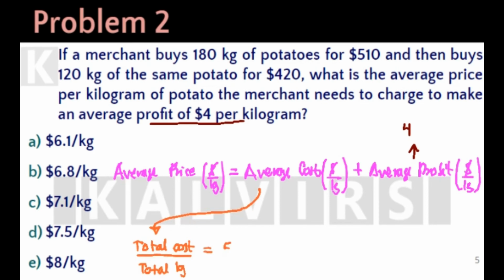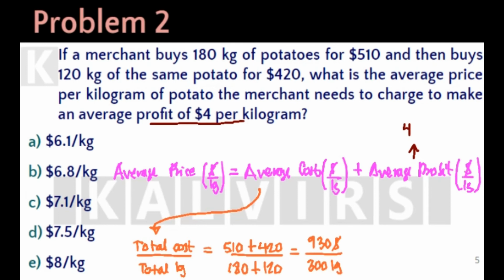And the average cost is equal to $510 plus 420 over 180 kilograms plus 120 kilograms of potato, which is equal to $930 over 300 kilograms.